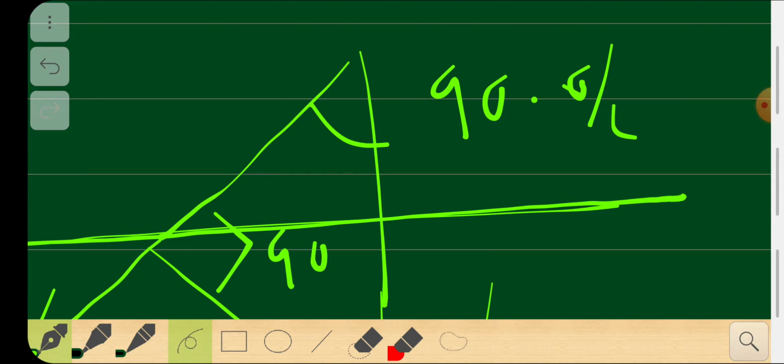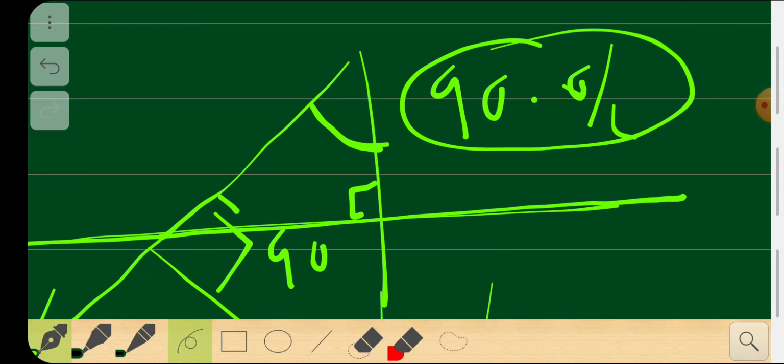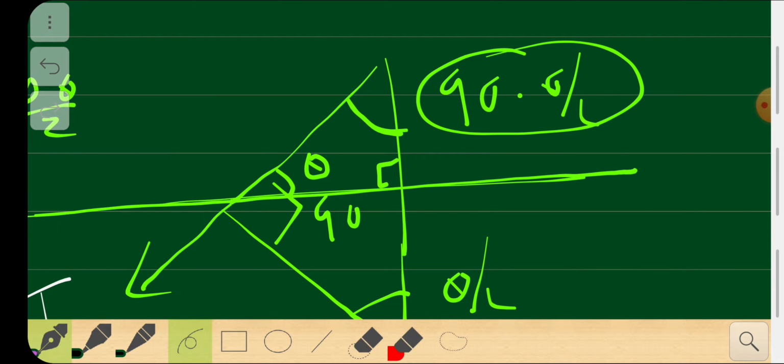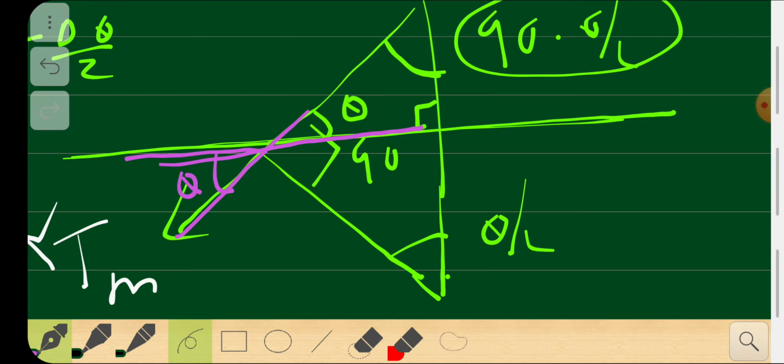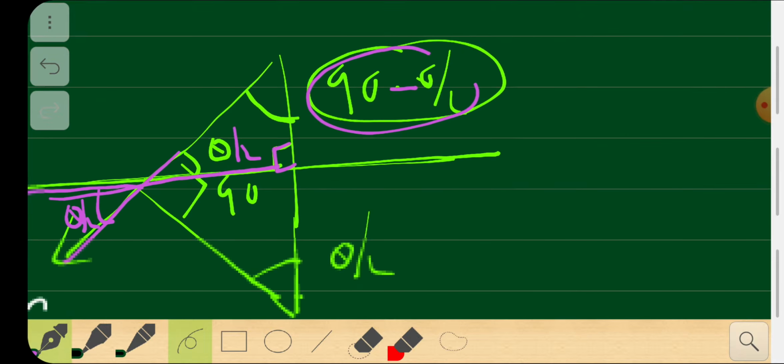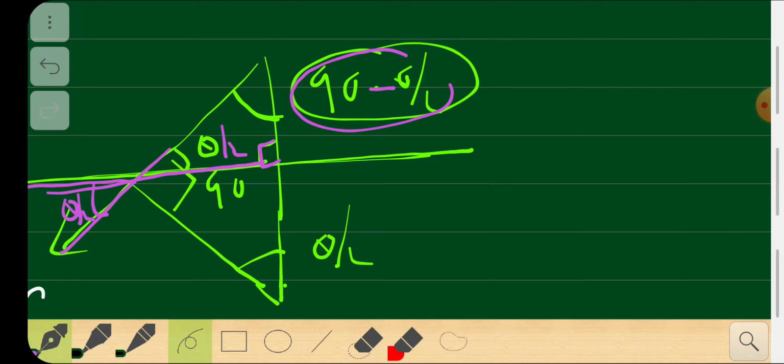So this is 90 minus theta by 2, and this is 90 degrees, then the angle on the other side of this whole line will be theta by 2 as well. That's very simple. Because this was 90 minus theta by 2, and this was 90, the total must be 180 degrees.